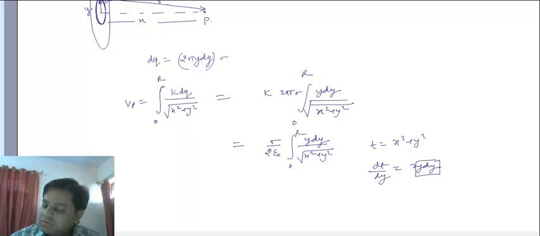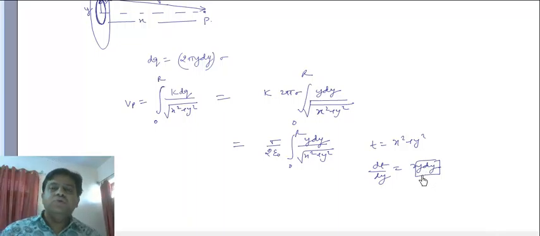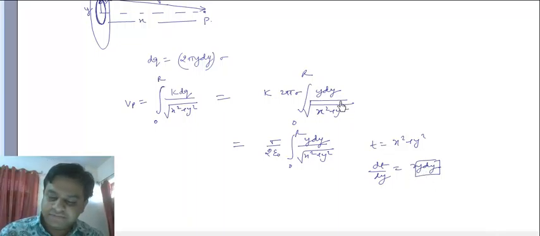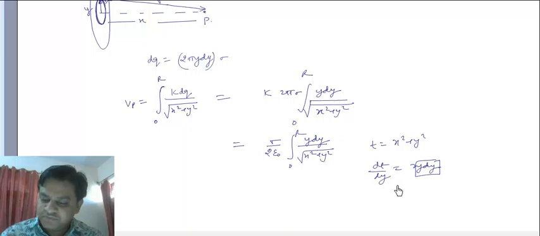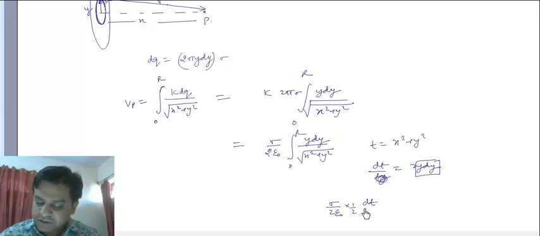This way we can always calculate. So putting this value of y dy here, what I get is sigma by 2 epsilon naught, y dy is simply dt by 2, and this is root of t.